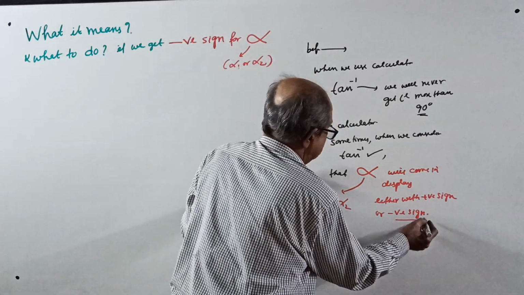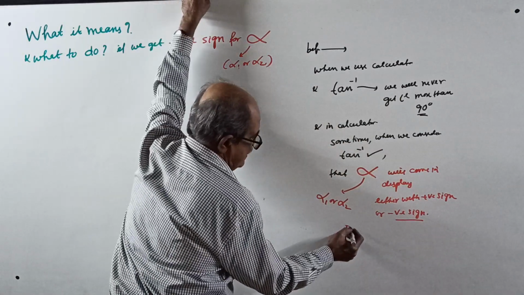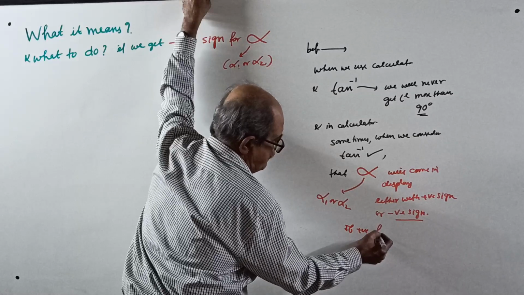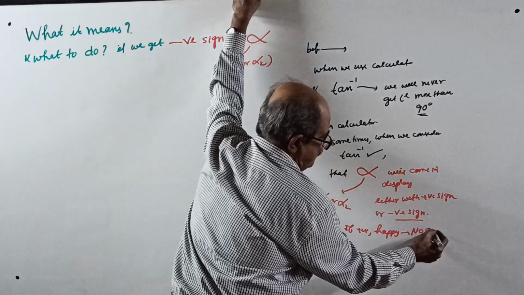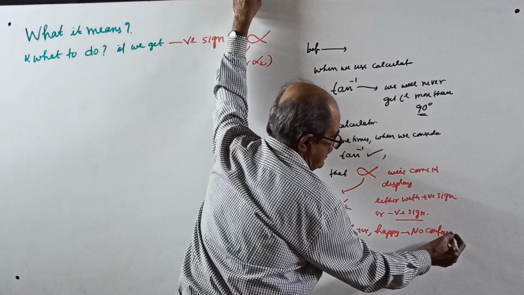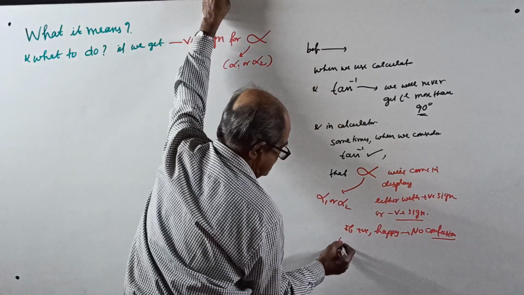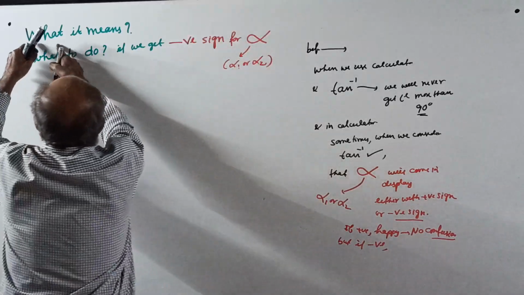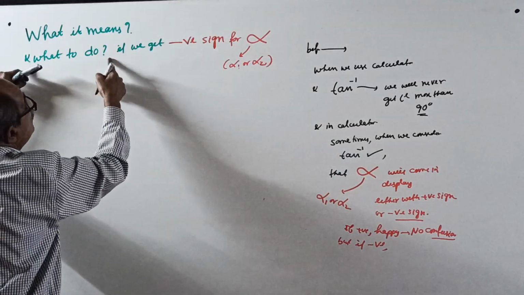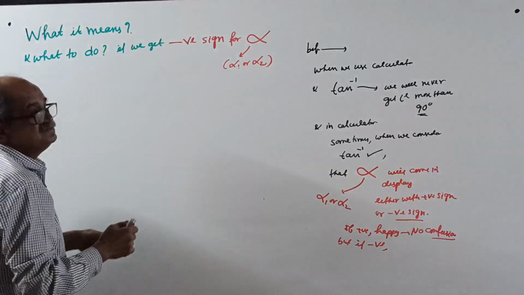Sometimes negative will come. If positive, happy, already over. Why? No confusion. But if negative, see what it means and what to do if you get a negative sign for alpha.